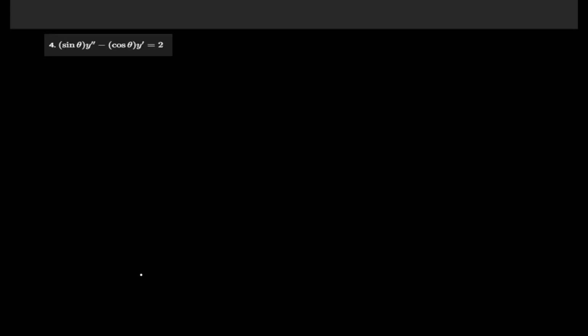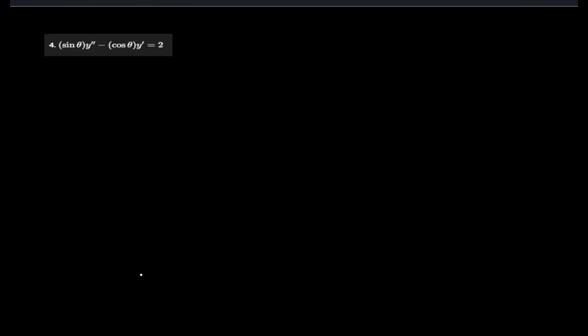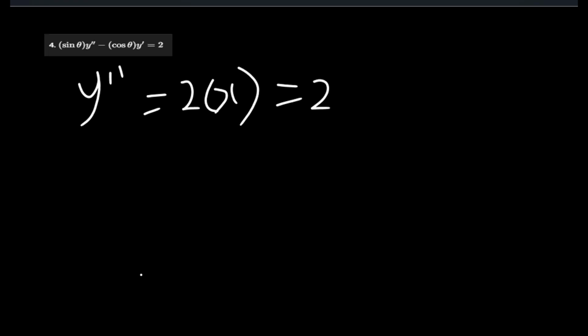Okay, so we have sine theta of y prime prime minus cos theta of y prime. Simply from this question we could see that the sine there is the derivative of the cos. But we are looking at the order, so that is y prime prime, the highest derivative. So simply it is 2.